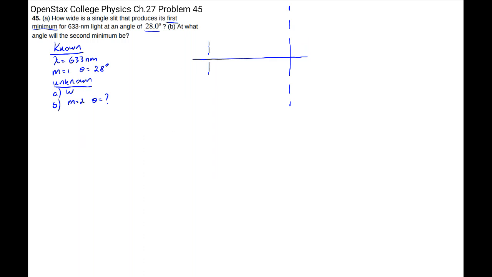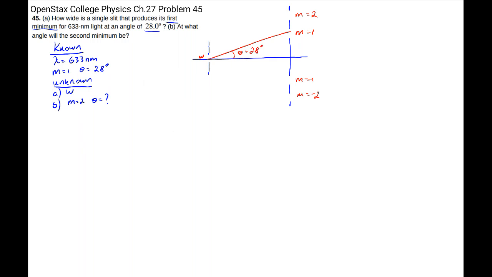This is the width W. And we're told that a beam of light goes to the first minimum, so this is m equals 1. Remember that for diffraction we number the minima, so that's m equals 1, this would be m equals 2, and it's symmetrical on the other side, m equals -1, m equals -2. So for m equals 1, we're given that the angle theta is 28 degrees.